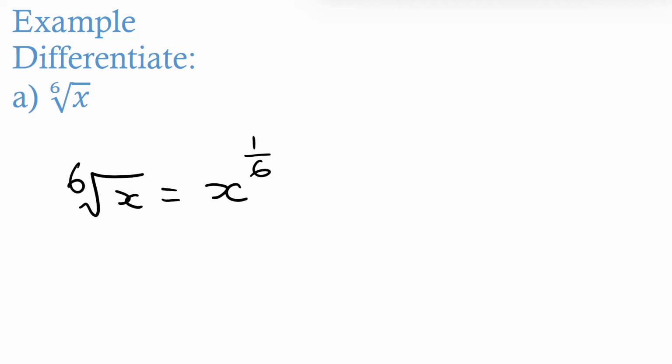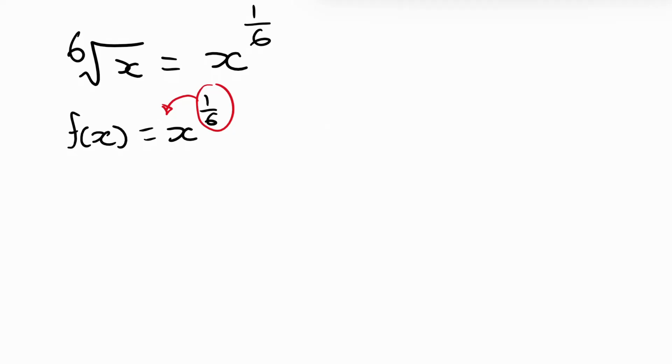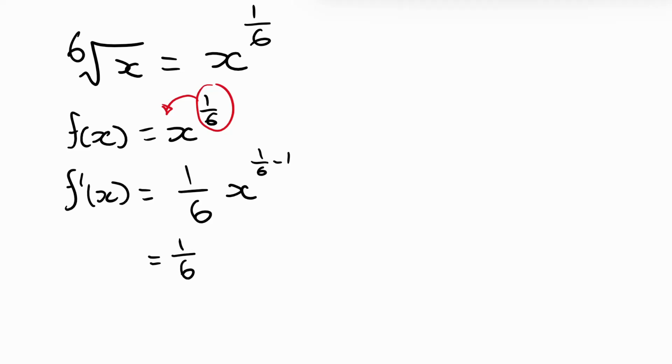So if I differentiate that, if we have f(x) equals x to the power of 1 over 6, remember the power comes out the front and then you minus 1 off. So my derivative is going to be 1 over 6 x to the power of 1 over 6 minus 1. So we end up with 1 over 6 x to the negative 5 over 6.